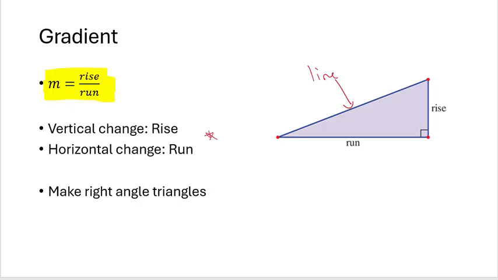The slanted line going up is my actual line right there. To determine how steep this line actually is, we use the run and the rise to figure that out exactly, okay? So that's what we're going to do.